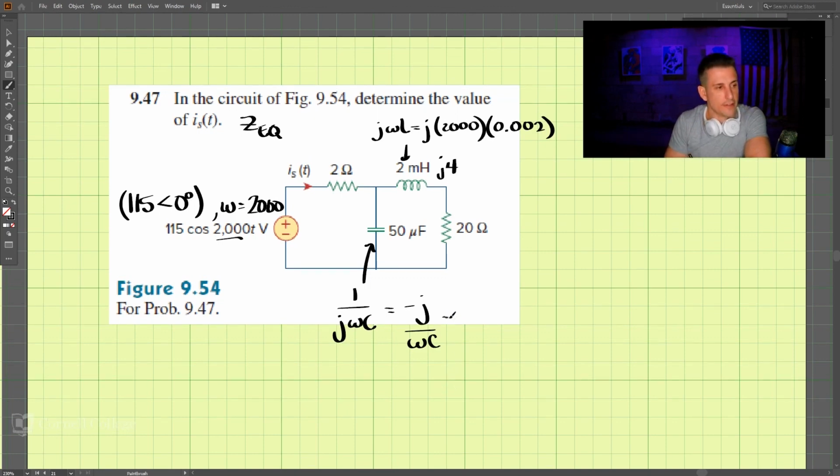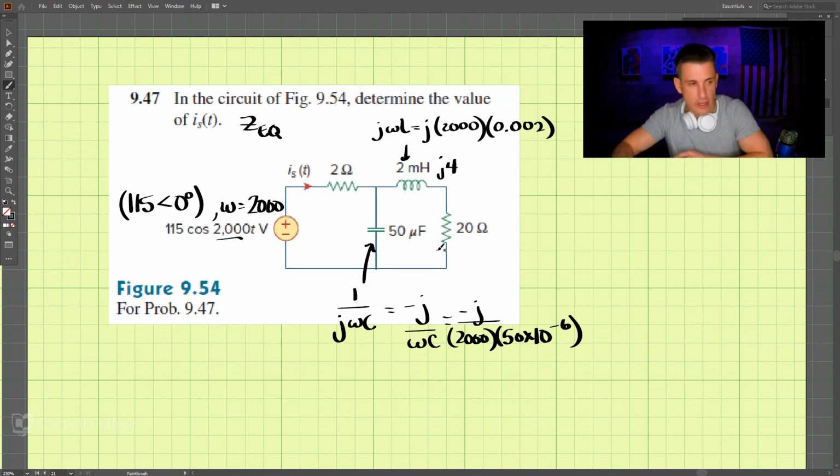So if we do that, that is negative J divided by 2000 times 50 times 10 to the negative 6, because this is microfarad.